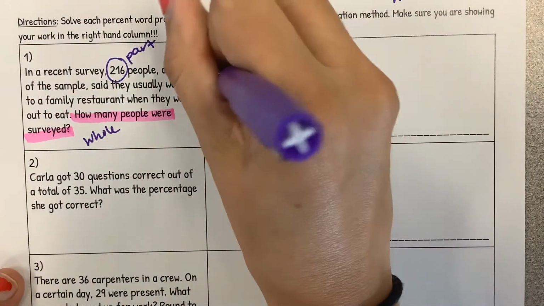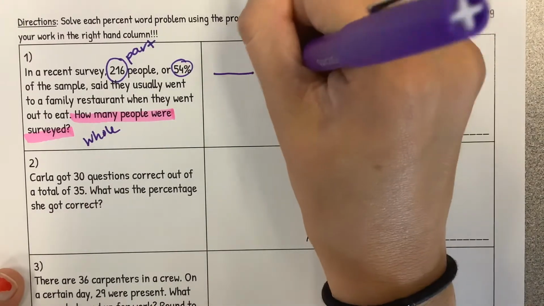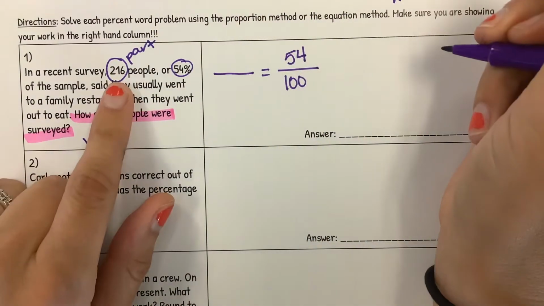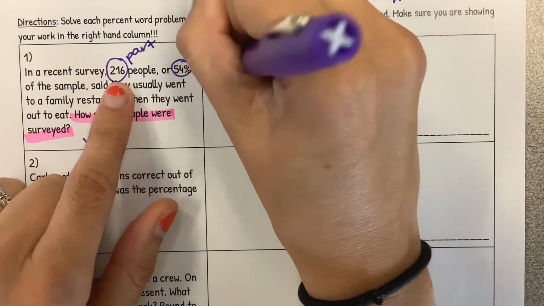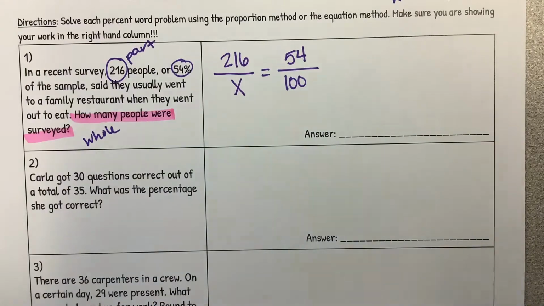So when I'm plugging this into my proportion, the percentage is the easiest to plug in first. And then we said this 216 is representing the part. We want to know how many total people. So we can go ahead and solve.